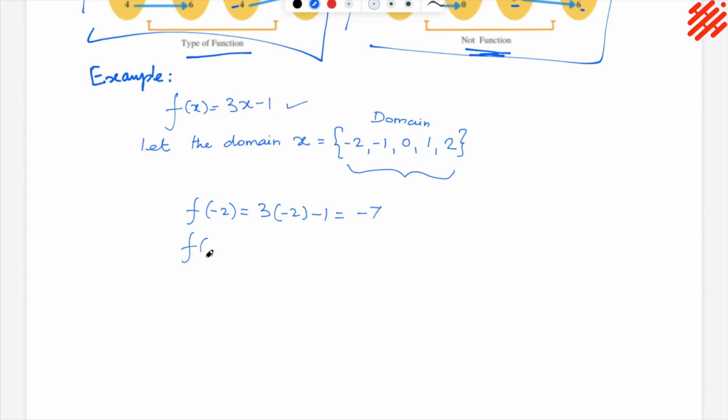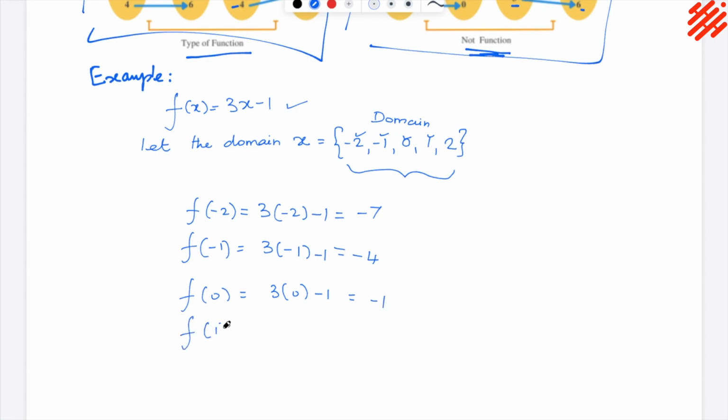Then f of -1. We need to substitute the values of x one by one in the f of x equation. So 3 times -1 minus 1 equals -4, and then f of 0 equals 3 times 0 minus 1 equals -1.